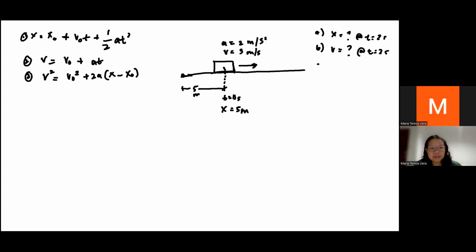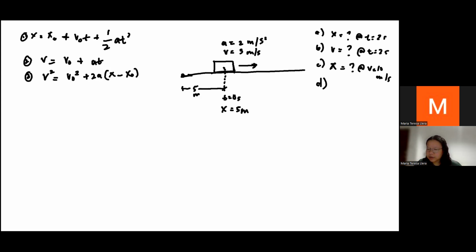Third question, where is the block when its velocity is 10 meters per second? So x, of course, because we're asking about the distance: where is the block when its velocity v equals 10 meters per second? And finally, how long did it take to get to this point?